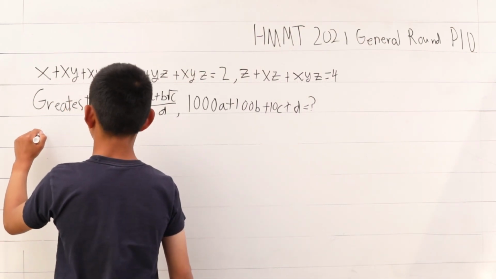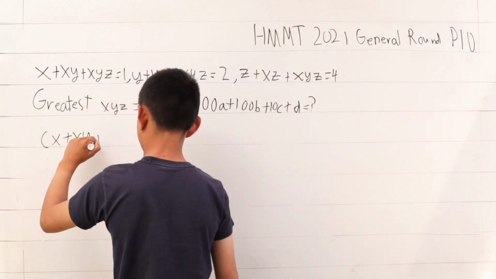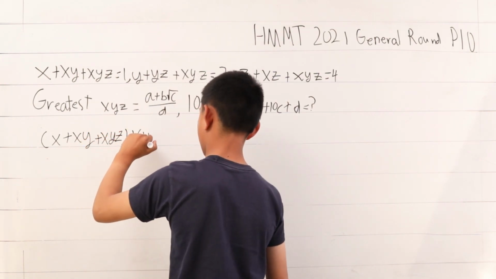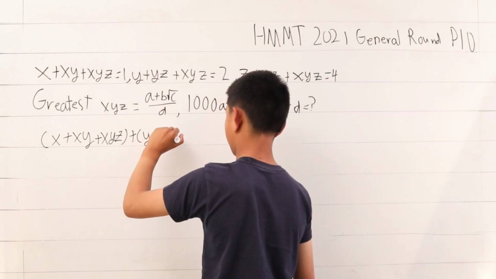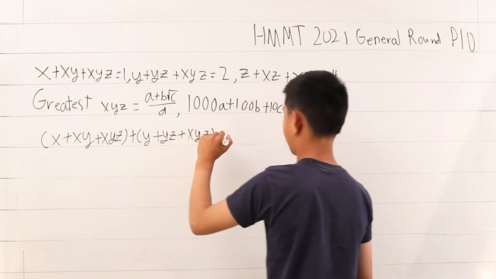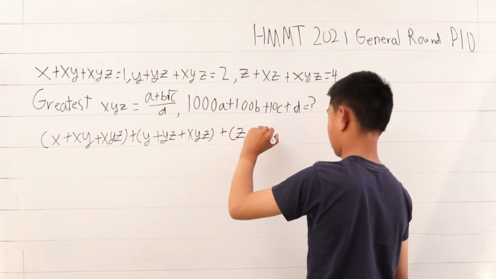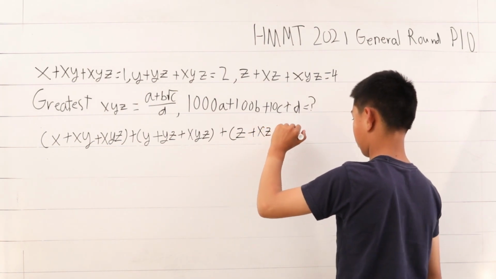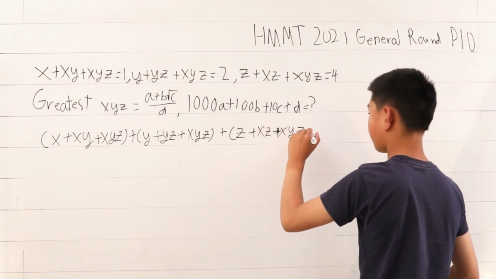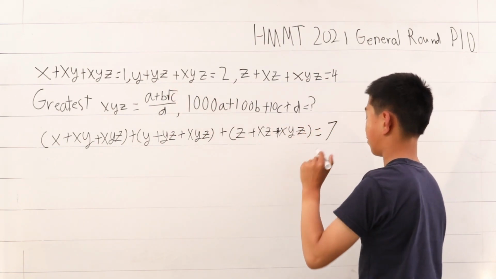When we add them all up, the first equation, x plus x times y plus xyz, plus y plus yz plus xyz, and now we add the third one, plus z plus xz plus xyz. This is equal to 4 plus 2 plus 1, or 7.